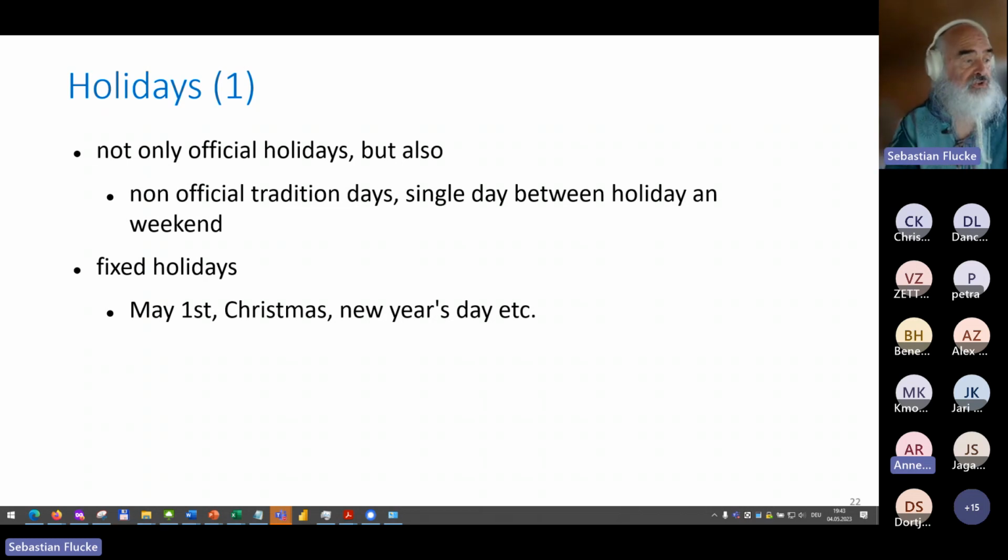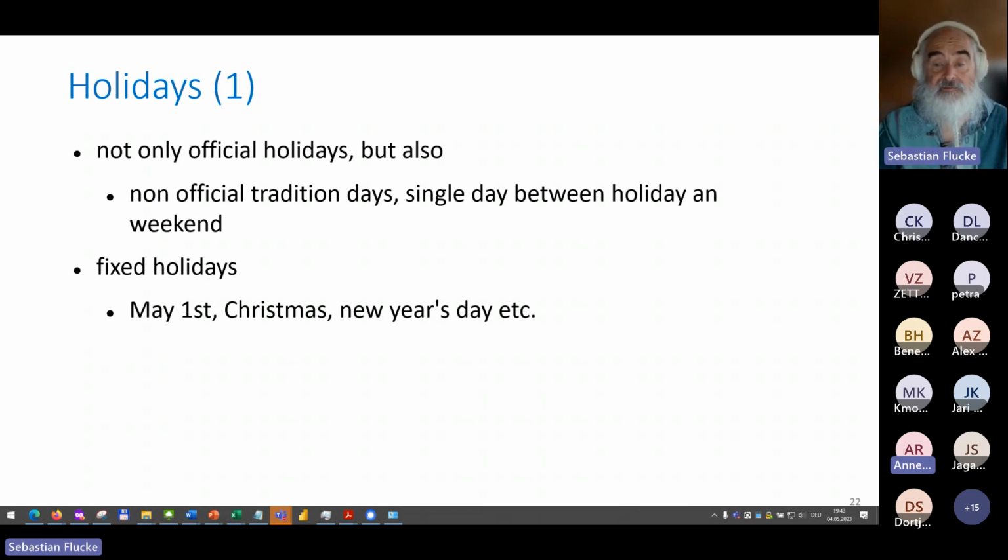In German, we call such days Brückentag, like Bridge Day. I don't know whether that term is also used in English. So, not official holidays. Please keep that in mind, depending on the business you have to manage.